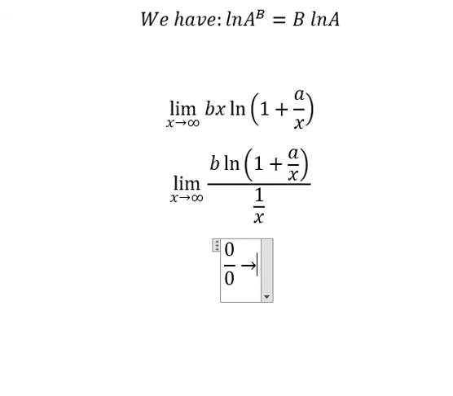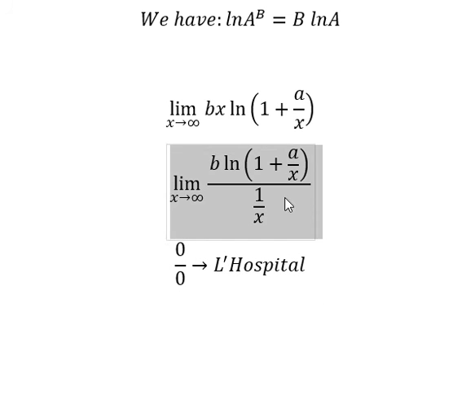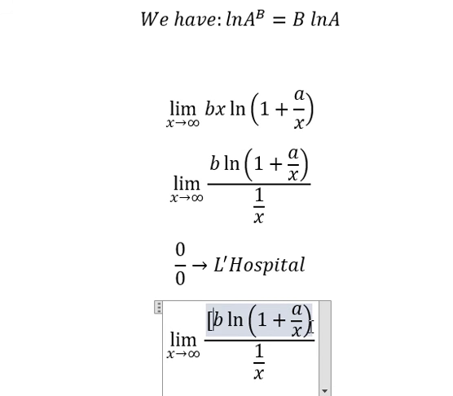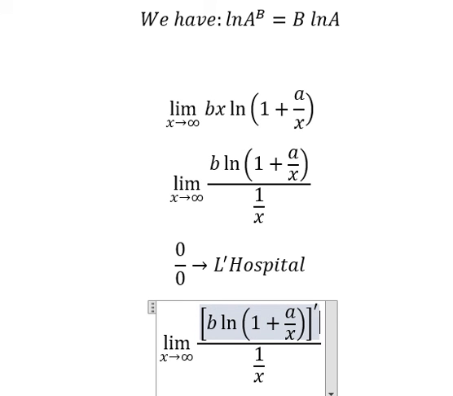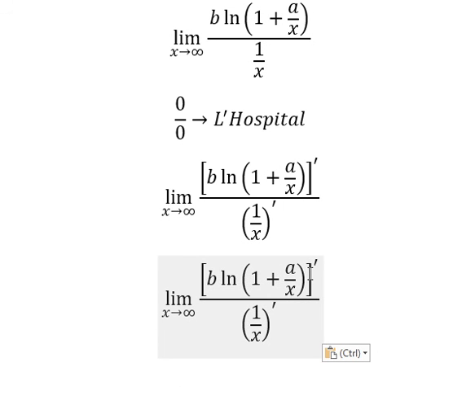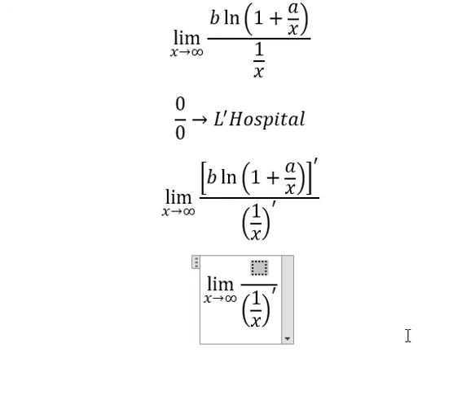And we can use L'Hospital's rule. That means we need to take the first derivative of the numerator and denominator. So if we take the first derivative of this one, we have it like this.